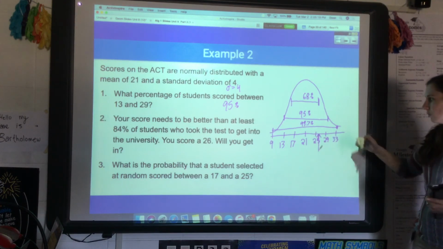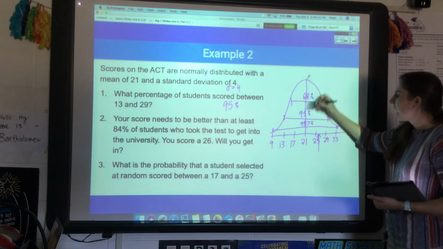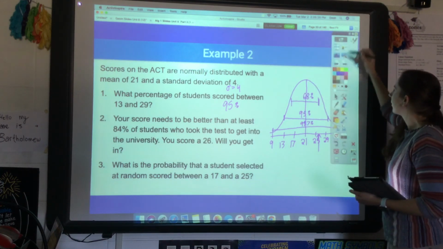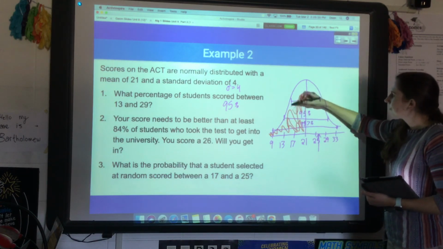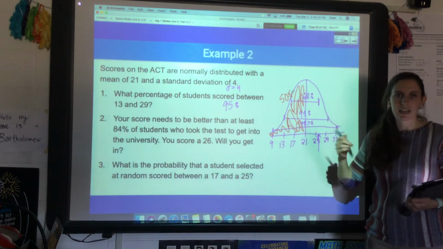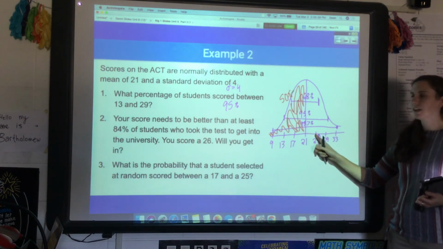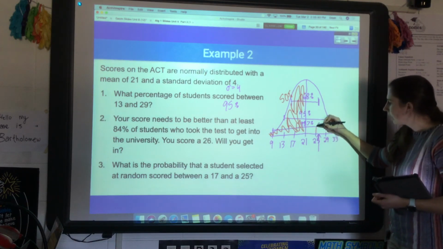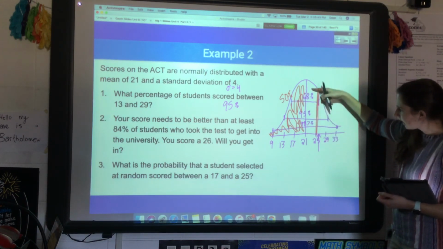Well, first, don't forget that you could always just split the data in half. I know that, let's use a different color. I know that this lower half of data is already 50% because it's just half the data. So all I need to figure out what I'm getting to 25 is I need to figure out this little sliver right here. How much is just this piece?